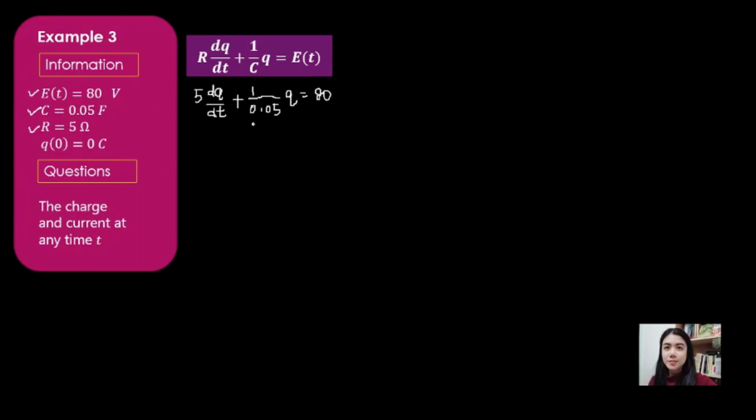Now simplify the 1 over 0.05, which gives you 20Q equal to 80.